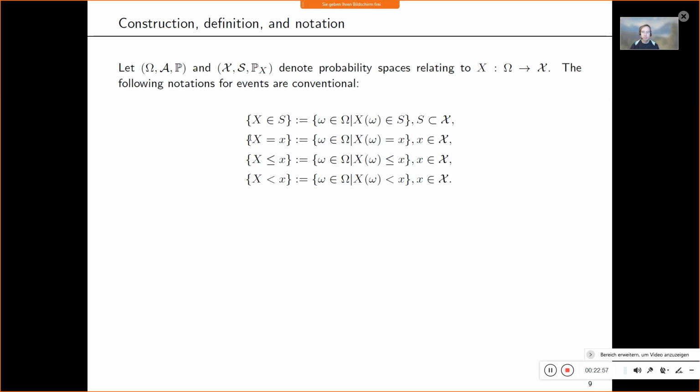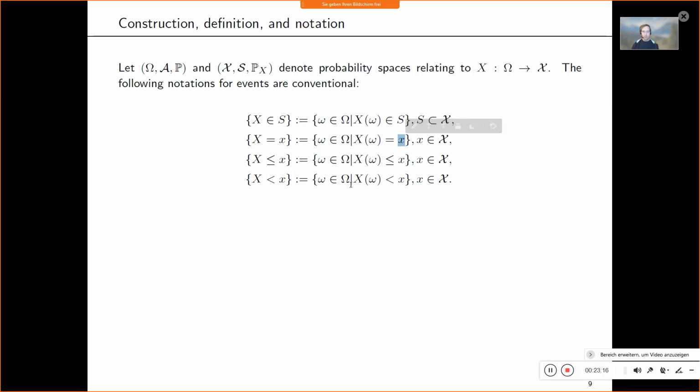So with, for example, this event here, X equals x, what is meant are the omega in the original probability space for which X of omega equals the value small x.